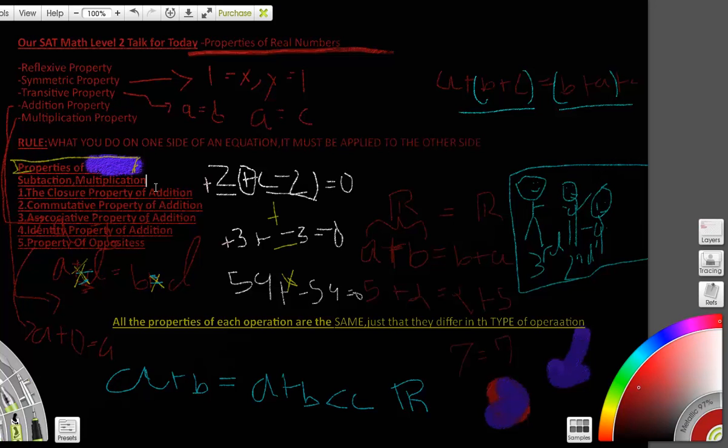The only thing you would change is the operation. This would be multiplication. So there's only one rule in multiplication that I need to go over, and that is the property of reciprocals.